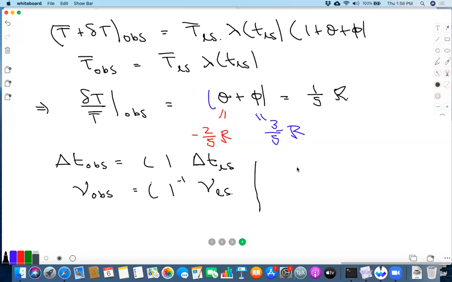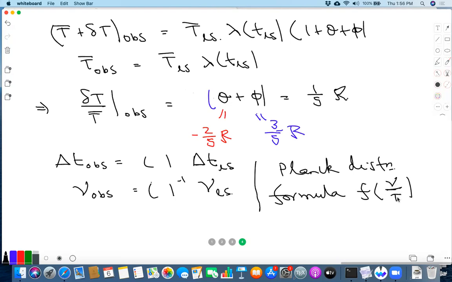And then we just use the Planck distribution formula, which essentially depends on this ratio. So if we scale nu, that's equivalent to scaling T, right? If all the frequencies emitted from the last scattering surface are observed today with this scaling, you can reinterpret this as the temperature that you observe today being the same factor times the temperature at the time of last scattering.